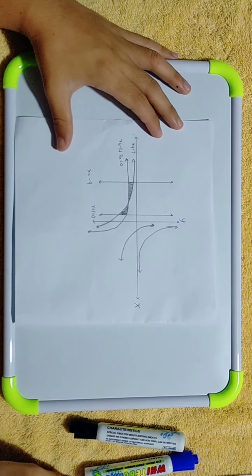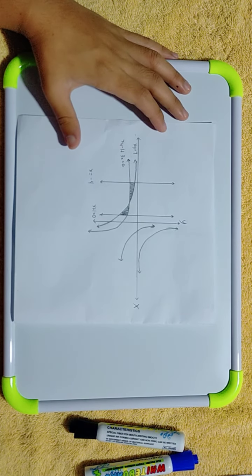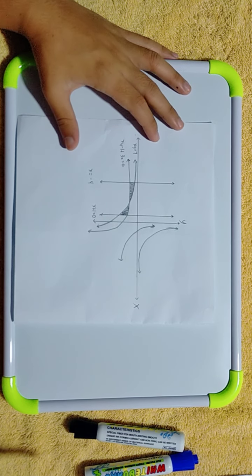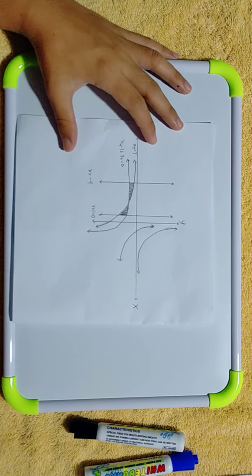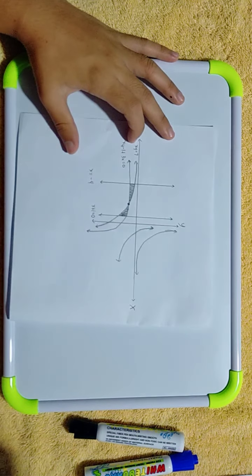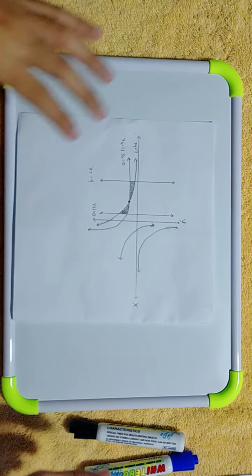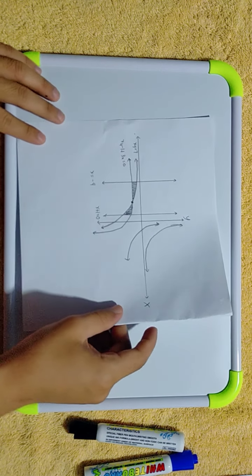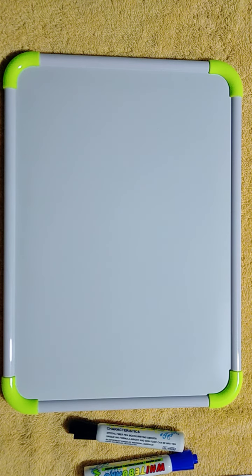So dito, syempre ang pinakauna natin nagagawin is find yung point of intersection ng dalawang curve na to. So ito yun, tong part na to. And then to find that is ganito yung magiging solution natin.